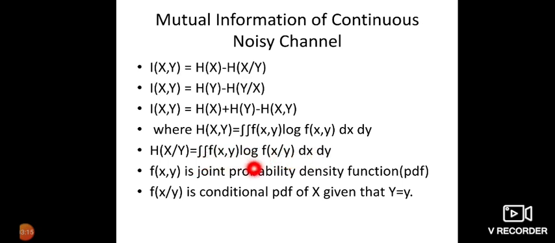Here f of x comma y is the joint probability density function, and f of x given y is the conditional PDF of x given that y equals y. There, h of x given y was the double sigma of p of xj comma yk log p of xj given yk. Here only two changes: probability becomes probability density function, and double sigma becomes double integral.